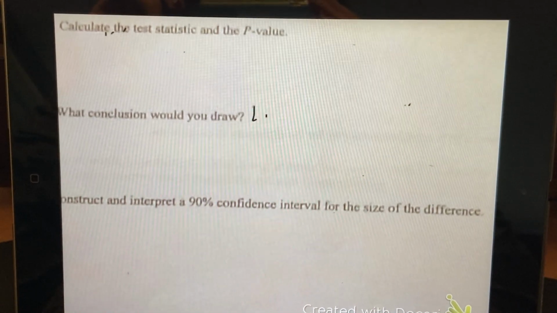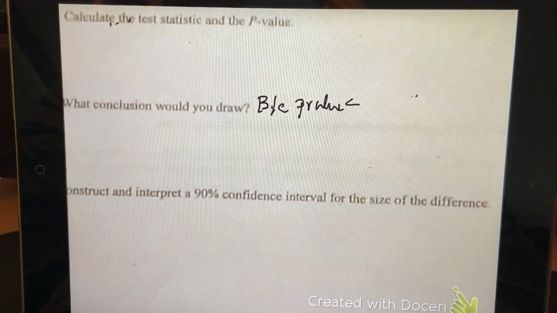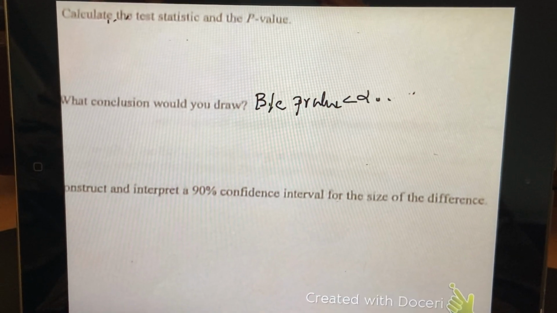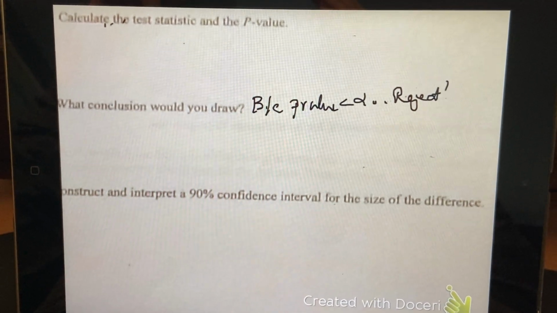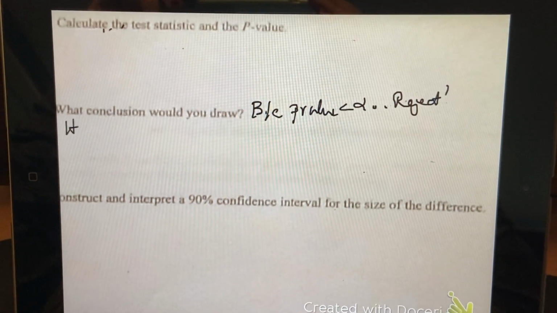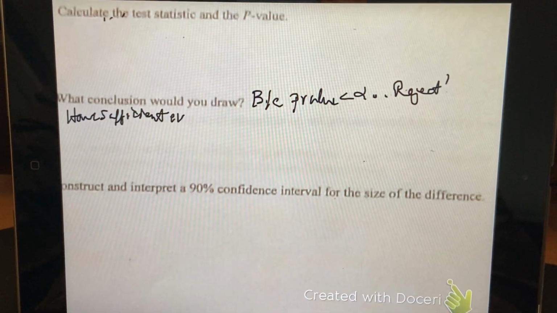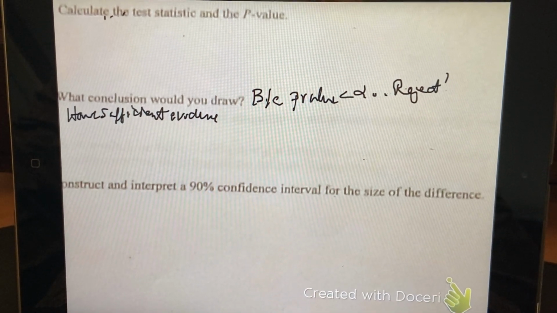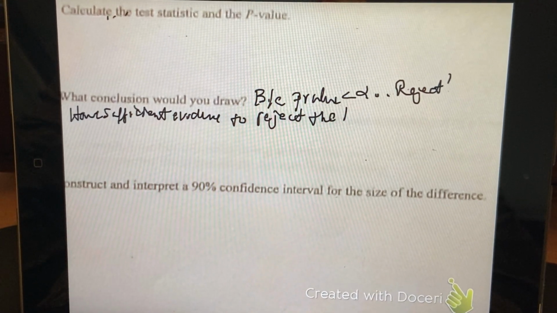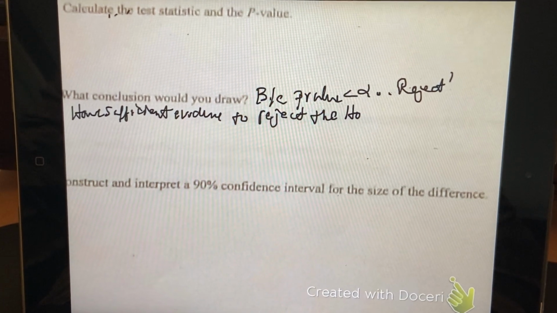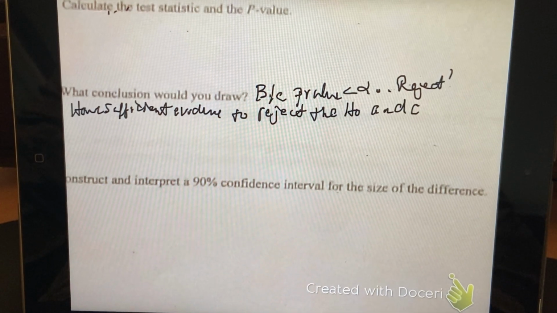Well, because the p-value was less than alpha, we get to reject. Okay, and so here we go. So we have sufficient evidence to reject the null and claim or state, however you want to say it.